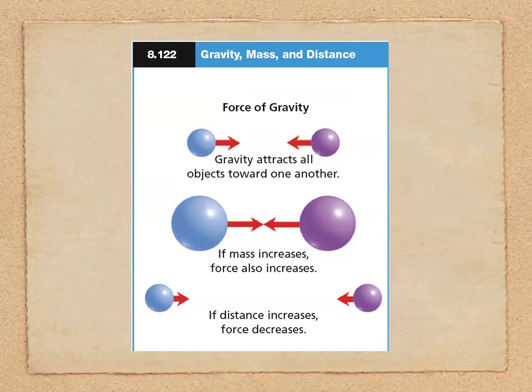If the mass increases, the force also increases. So the bigger the mass, the bigger the force. The other thing is, if distance increases, the force decreases. So the closer something is, the larger the force of gravity of one object acting on another.